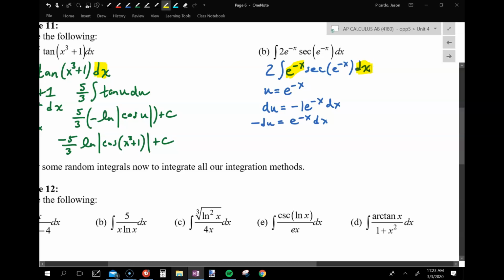So we can go ahead and rewrite this as -2. Why -2? Because I multiplied the -1 on the other side, right? Integral of secant u du.